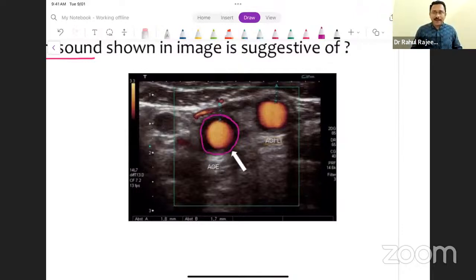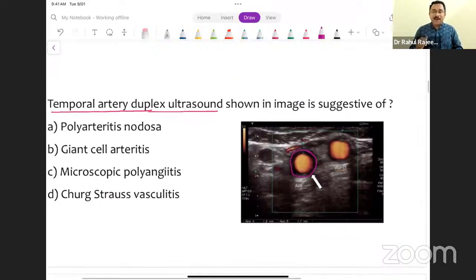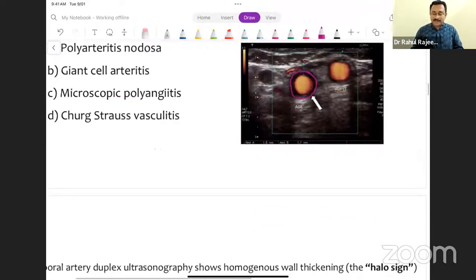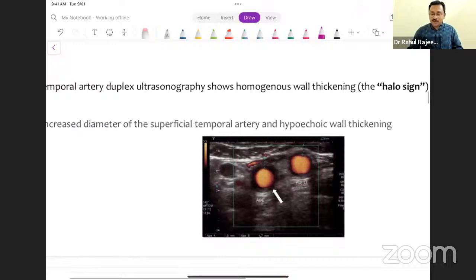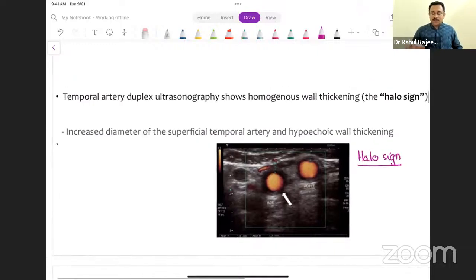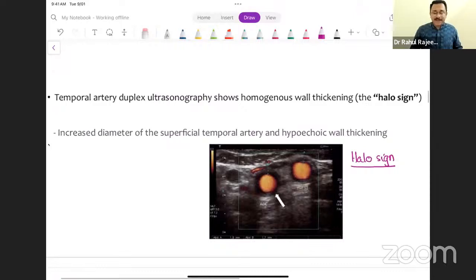Yes, a hypoechoic halo-like region. And do you know what this sign is known as? This sign is referred to as the halo sign. The temporal artery duplex ultrasound can show homogeneous wall thickening, which is the halo sign.